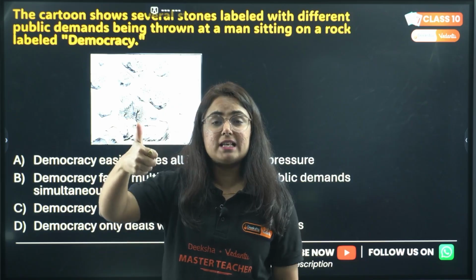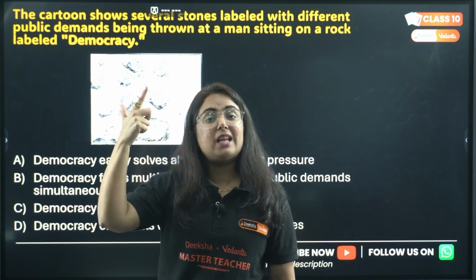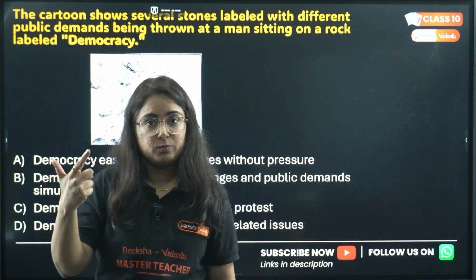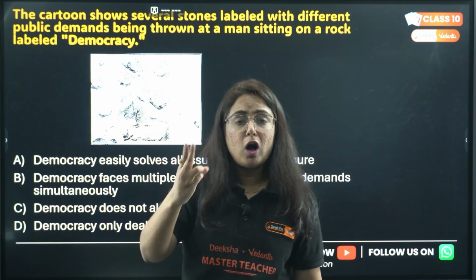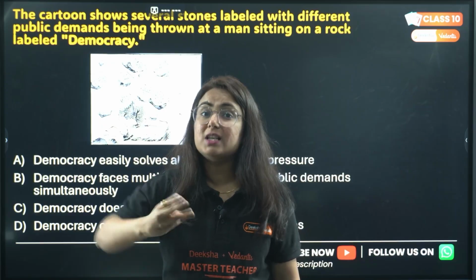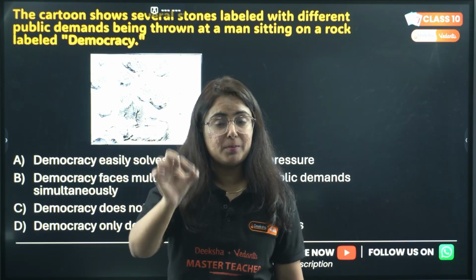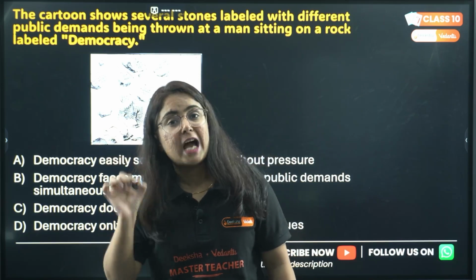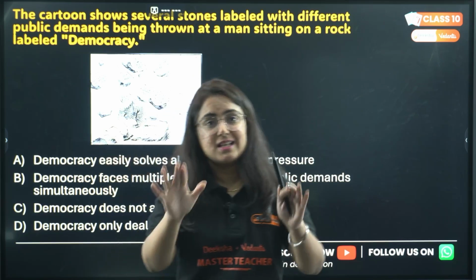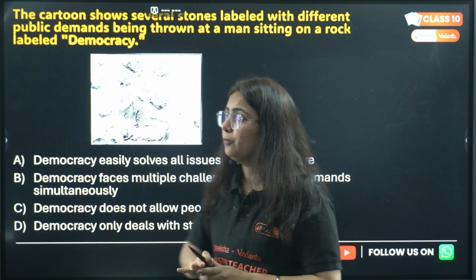First, read the title and the heading of the picture. Second, read the box that is given below the figure, right? Third, do not forget to analyze and interpret what the picture is signifying. And fourth, always remember which chapter the picture belongs to, and this is how you can easily solve all the image based questions for sure.